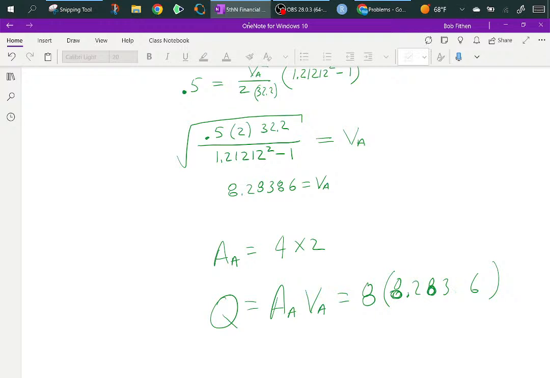No, that is not divided by. It thinks that's a divided by symbol. Huh? Now it's got 8 times that. That's weird. What is it doing? This is bizarre.